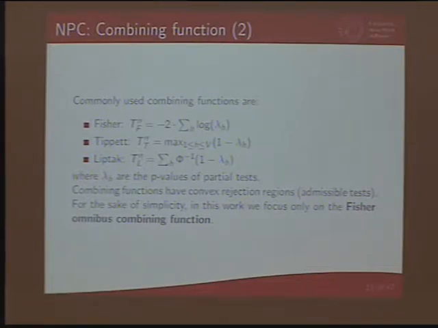Of course, the choice of the combining function provides you different power for the testing procedure, and it can be suitable to different situations. So for example, if you expect many variables to be under the alternative, then something like Liptak can provide you quite good power.